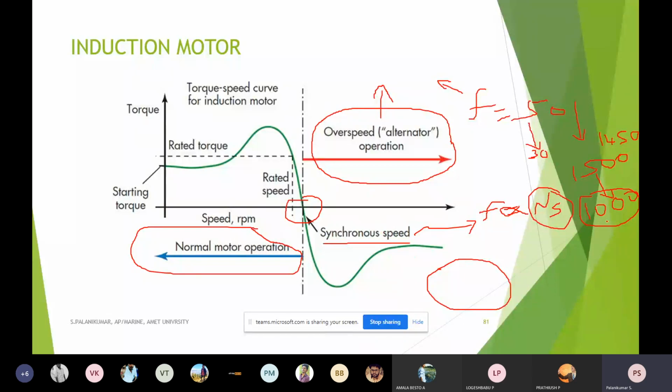Suppose the synchronous speed is 1000 RPM, and I assume 2 percent slip. Then the rotor speed should come to 980 RPM, but it will not come there automatically.